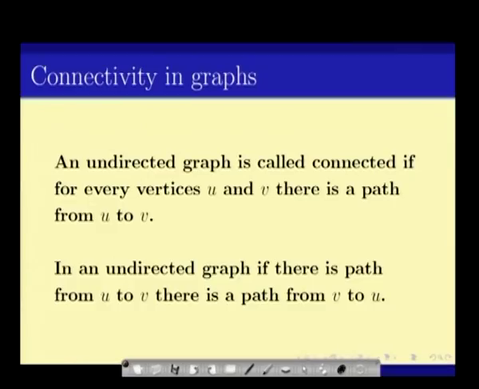Among the various important concepts of a graph is the connectivity of a graph. If there exists a path from u to v, then we say that u is connected to v. In an undirected graph, if there is a path from u to v, then there is also a path from v to u, so there is no confusion about what is connected to what.